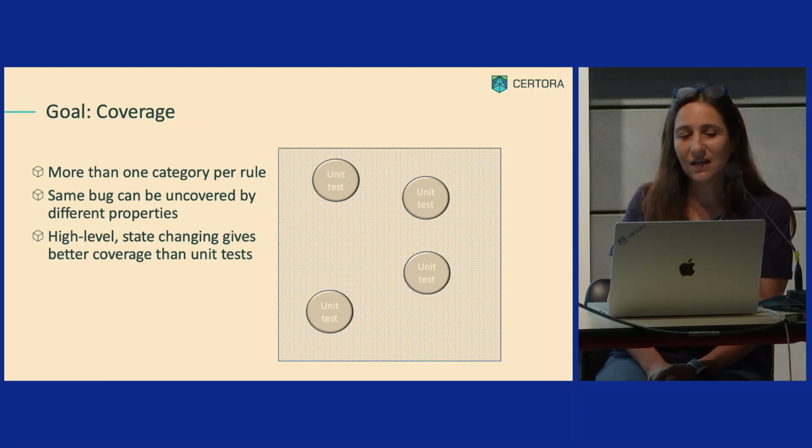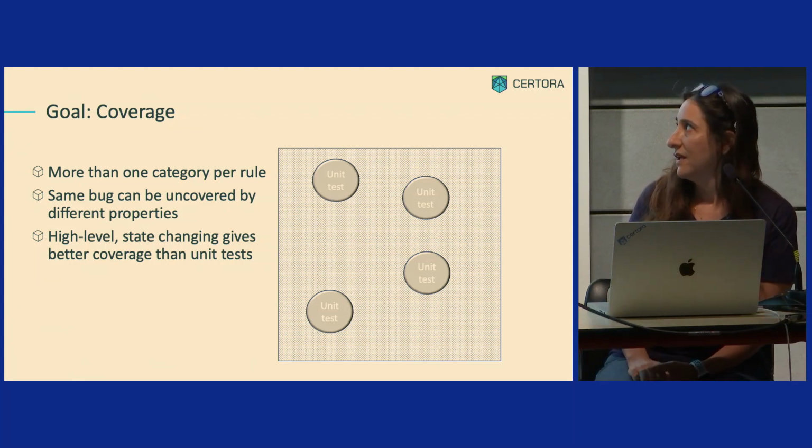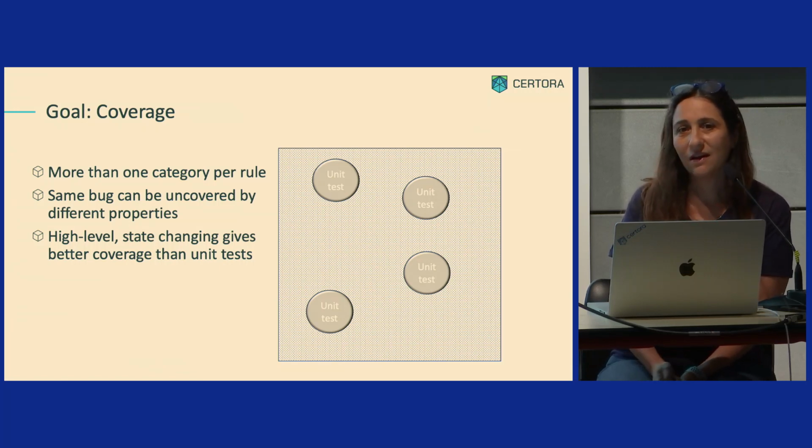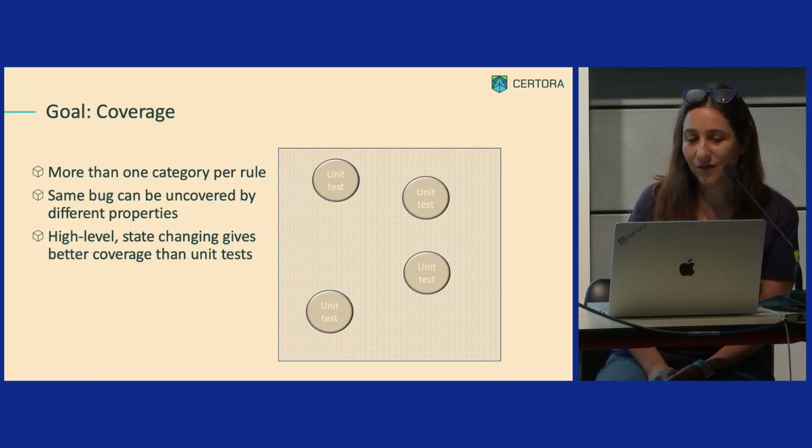And our goal is actually to get a good coverage, okay? And it's not necessarily that there is one property that will detect a particular bug. It can be multiple things that we can write that will actually give us the same coverage.